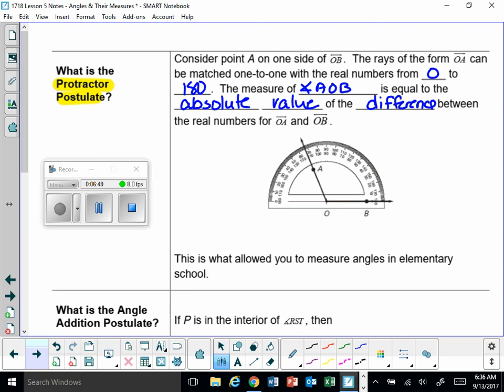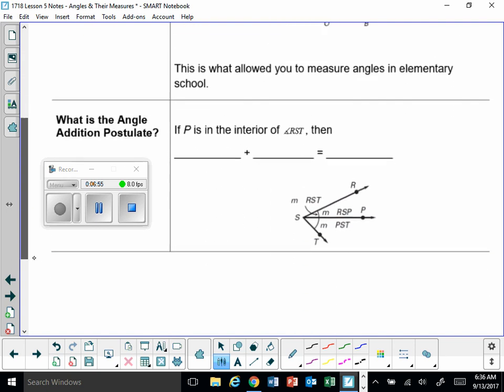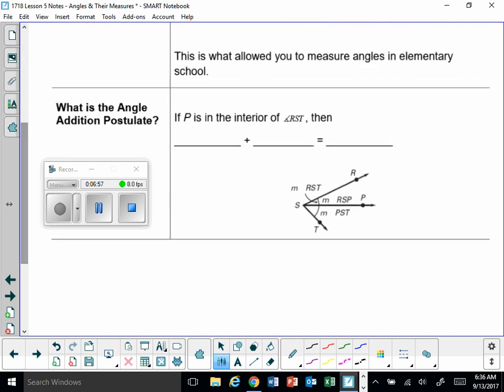This is what allowed you to measure those angles in elementary school. We don't do any measuring with protractors this year. You will do some measuring with protractors again in pre-calc.